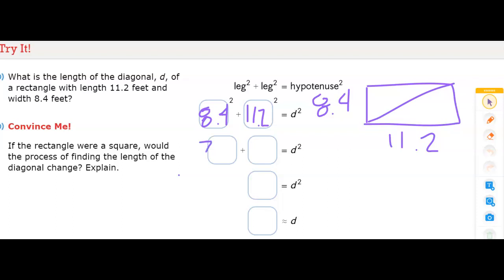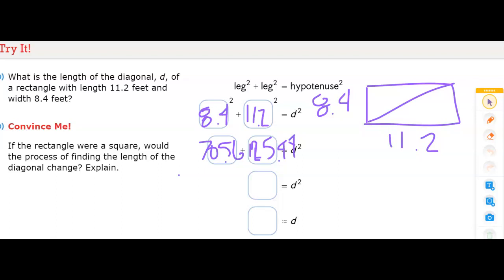So you have 8 4/10 squared is 70 56 hundredths, and then 11 2/10 squared is 125 44 hundredths.